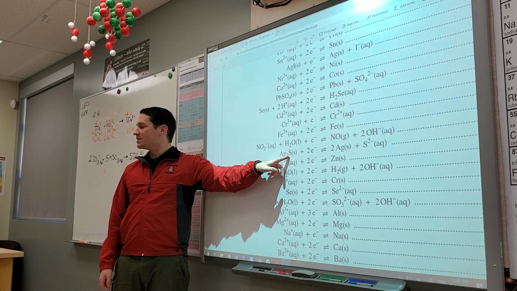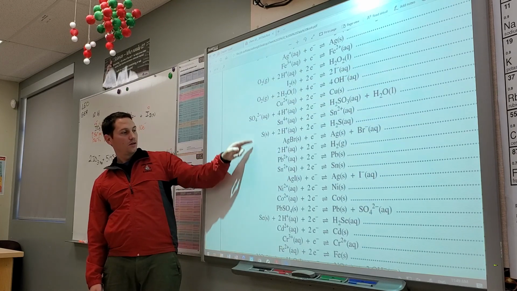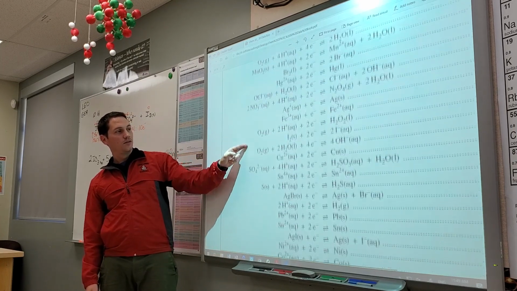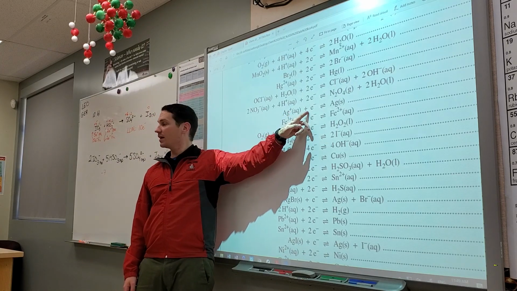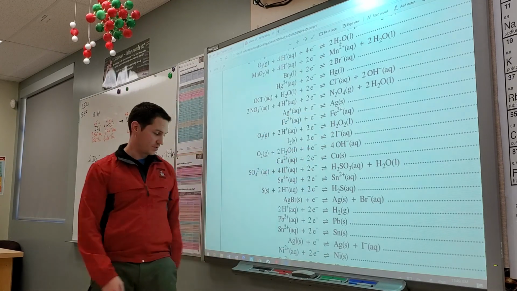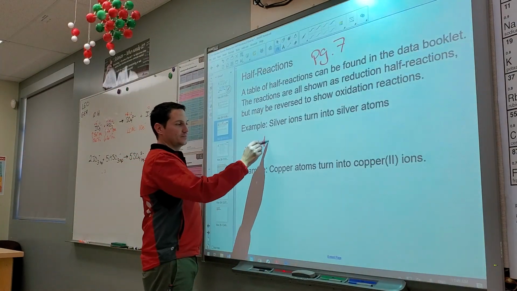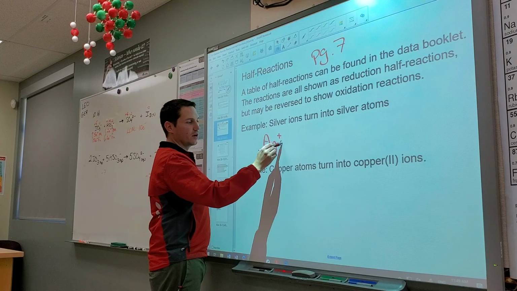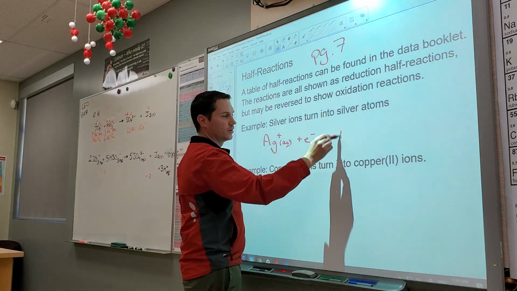Is there silver ions somewhere? Right here. Silver ions reacting with an electron to turn into silver atoms, right? So we could write that down. Silver ions reacting with an electron.